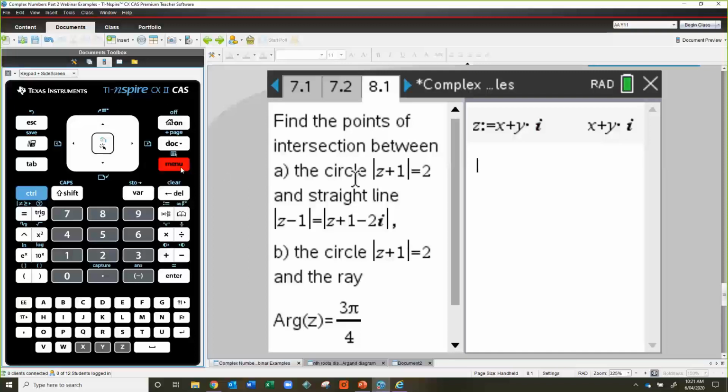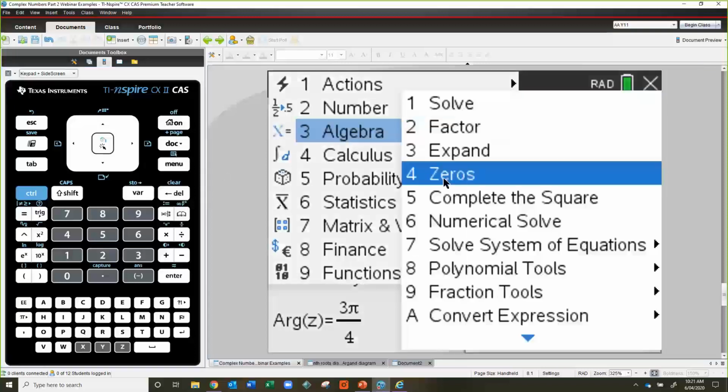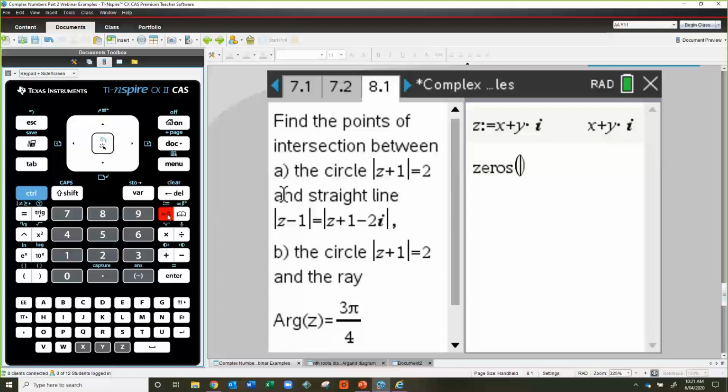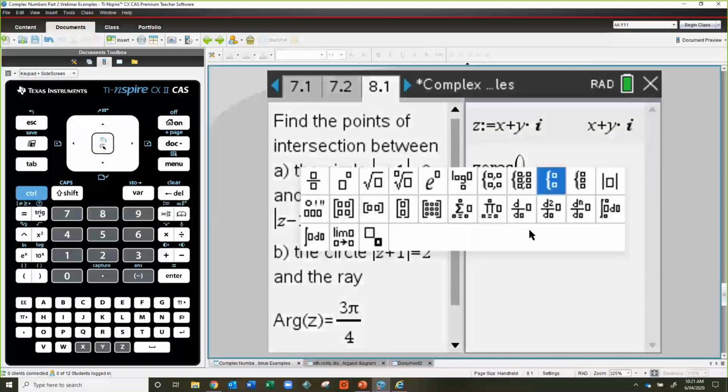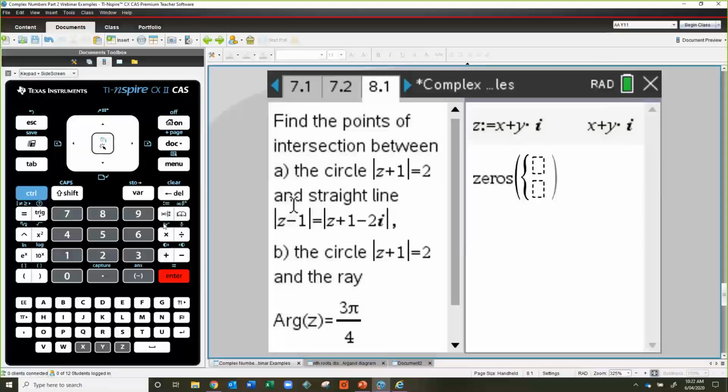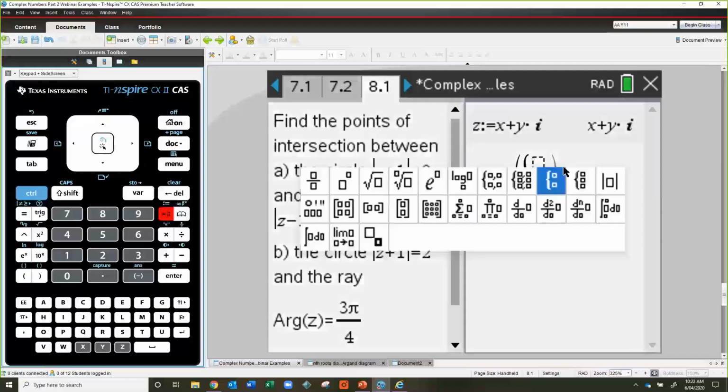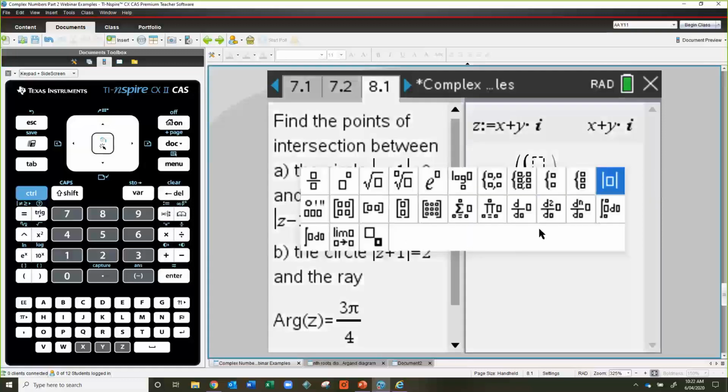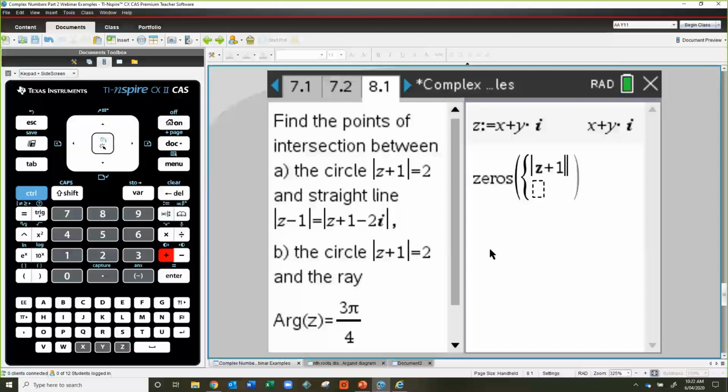So, menu, algebra, zeros, and I need to enter two equations. So I have my first equation as modulus z plus 1, and I need to go minus 2.